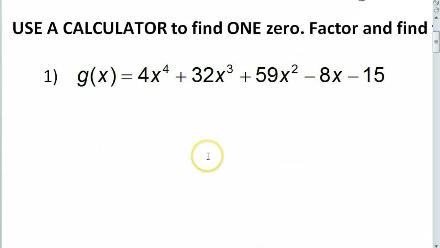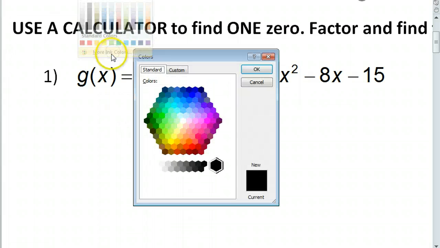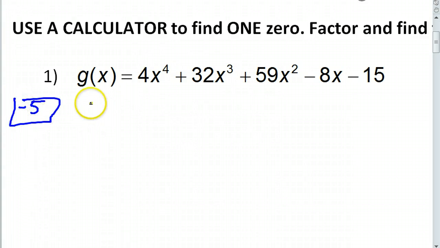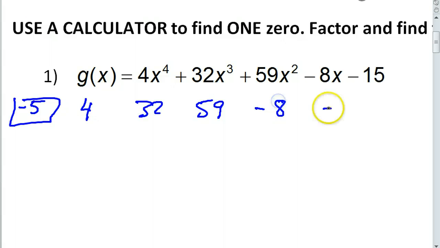So I'm going to use the -5. It doesn't really matter which one you pick, but please only use one of them if I say just one. So if we use the -5, say, then the coefficients, so we have 4, 32, 59, -8, -15.